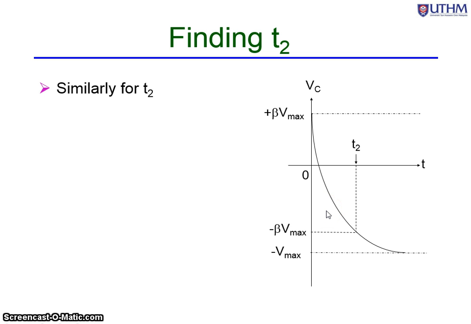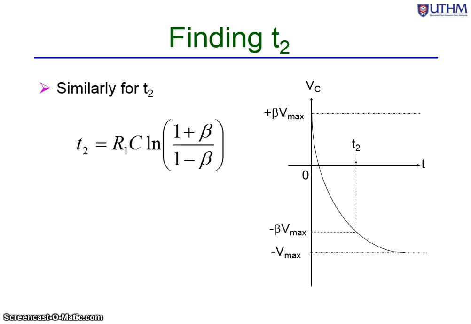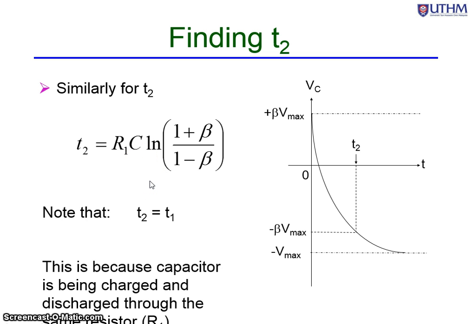Using a similar technique to finding T1, we'll get this. If you notice this equation, T2 equals R1C natural log of 1 plus beta over 1 minus beta, which is the same equation as T1. Why? This is because the capacitor just now is being charged and discharged through the same resistor R1.